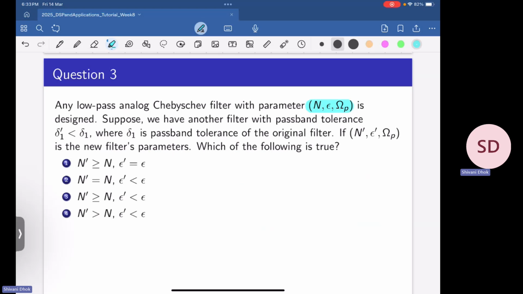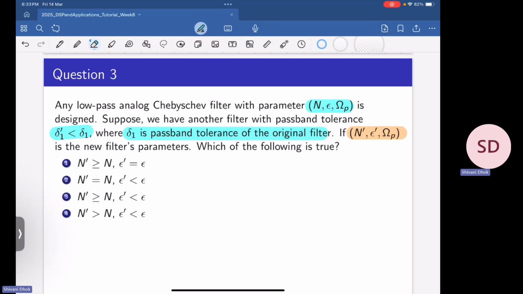Suppose we have another filter with passband tolerance as delta 1 prime, which is less than delta 1, where this delta 1 is the passband tolerance of the original filter. Now, this new filter with the tolerance delta 1 prime can be defined using three parameters, that is n prime, epsilon prime and omega p.